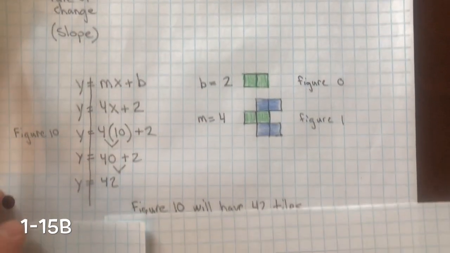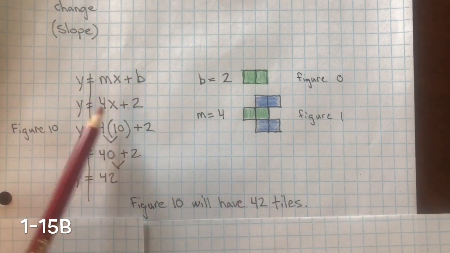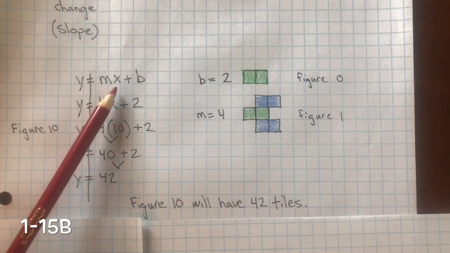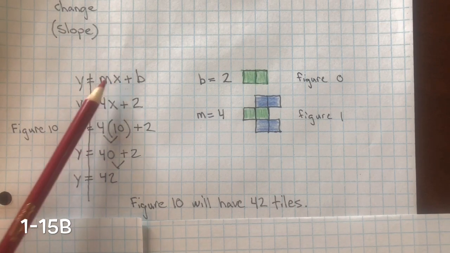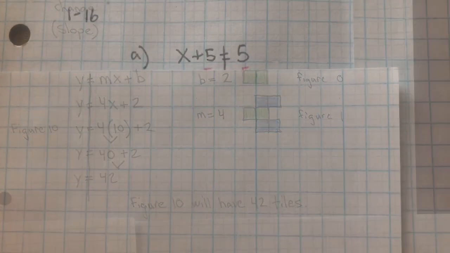So figure 10 will have 42 tiles. And now that we have this, I could ask you, how many tiles would figure 1,372 have? And you could plug that in and find the total number of tiles.